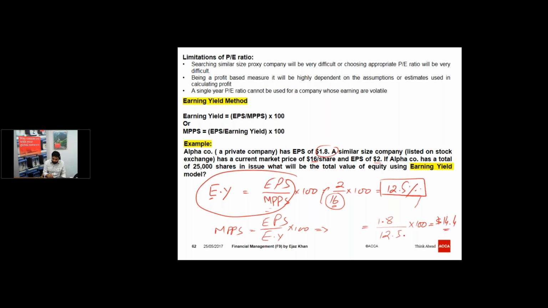If we divide with the 25% return, the answer will be exactly 50% of this. So 7.2%, right?